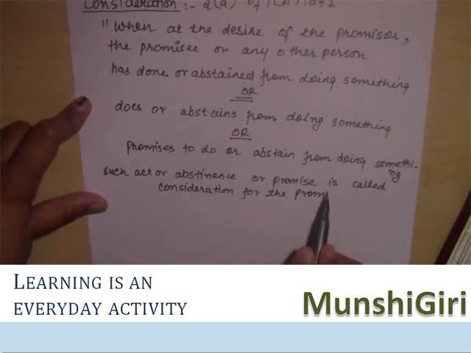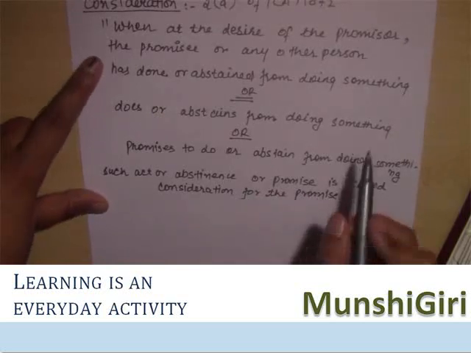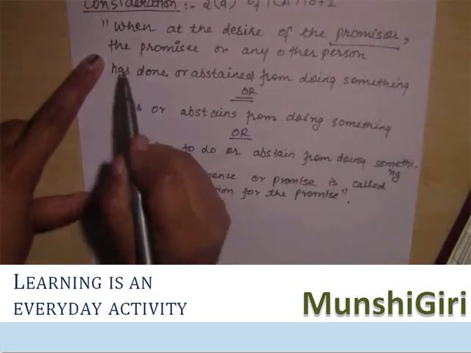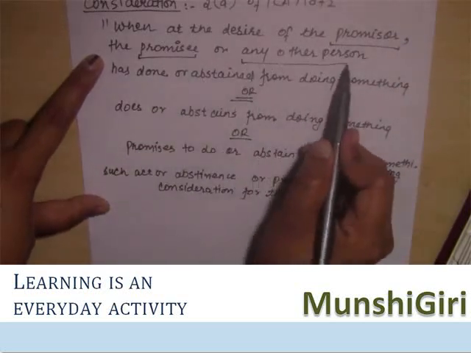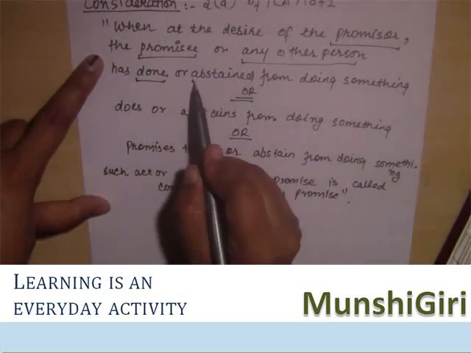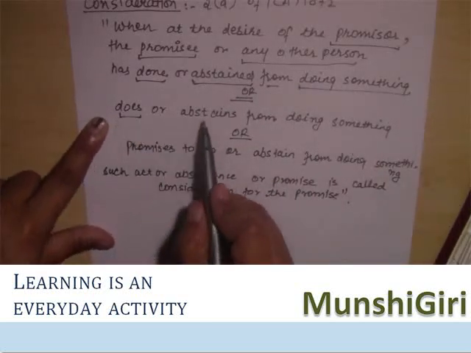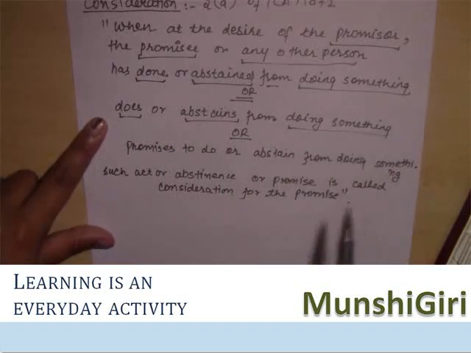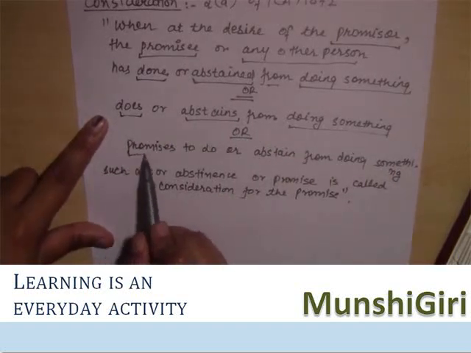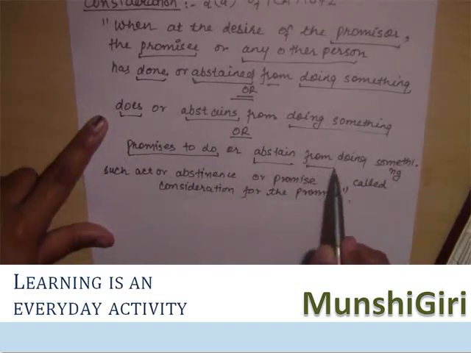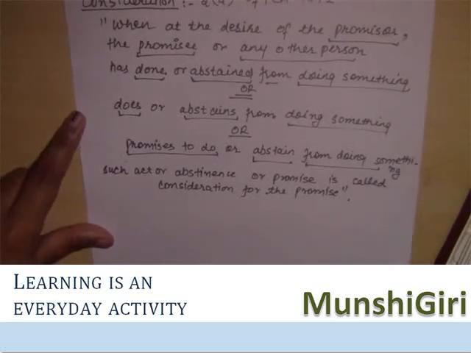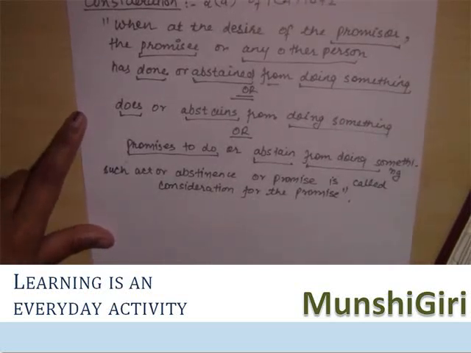Let's read it once again. When at the desire of the promiser, the promisee or any other person has done or abstained from doing something, or does or abstains from doing something, or promises to do or promises to abstain from doing something, such act or abstinence or promise is called consideration for the promise.